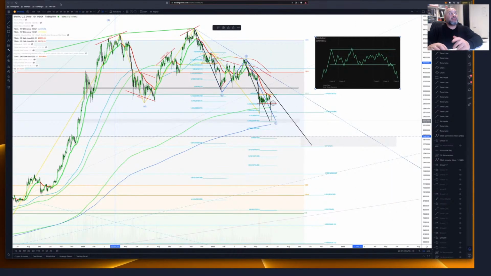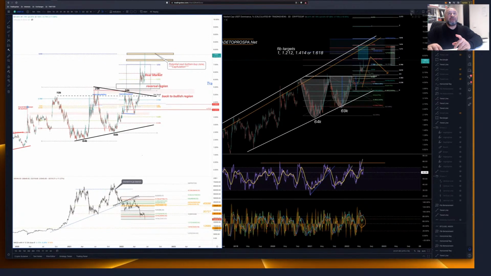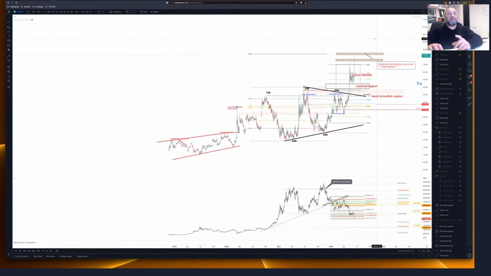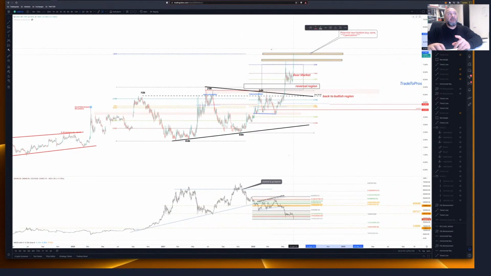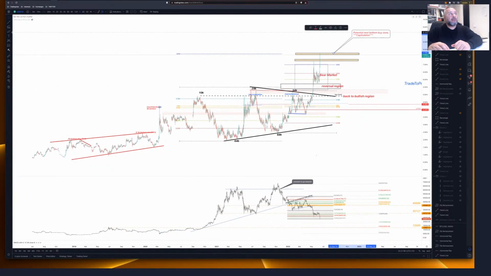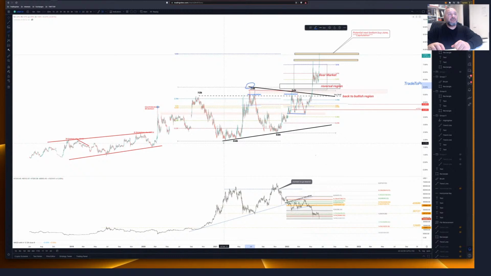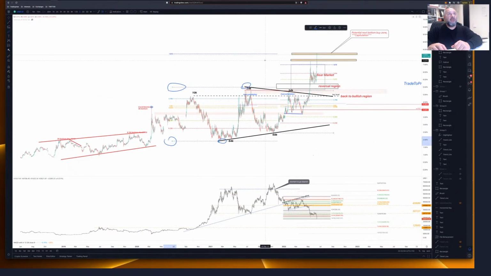All right, so what else I want to show you is this Tether. I've done a lot of work on this in the past. What I did with Tether: if this was the level, that's the wick, and this is the all-time low, so that's my reference, 0 and 1, the 1.618, and we hit it.